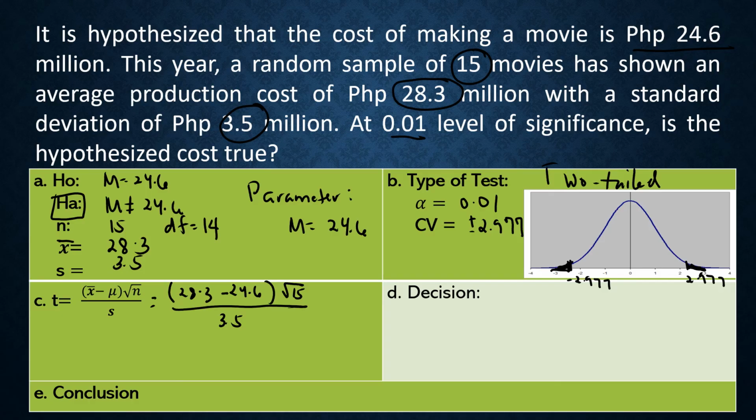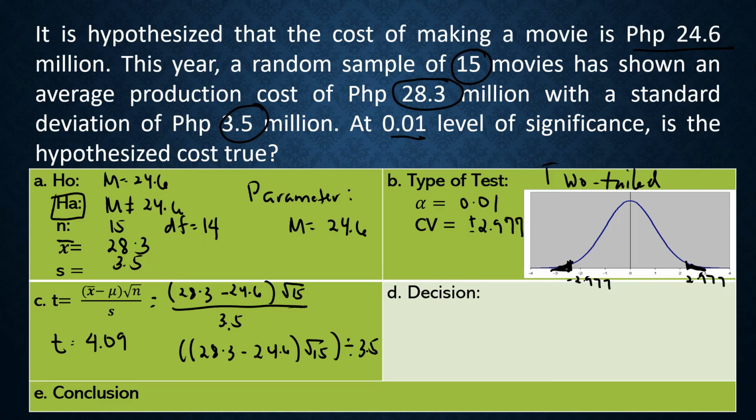If you're going to use a scientific calculator or any calculator, you can press double parentheses, 28.3 minus 24.6 close, times the square root of 15 close, divided by 3.5, and you will be able to find the t-value which is equal to 4.09.